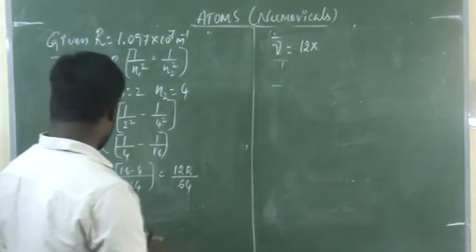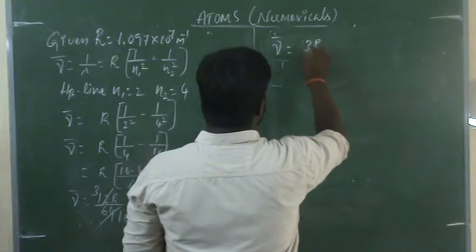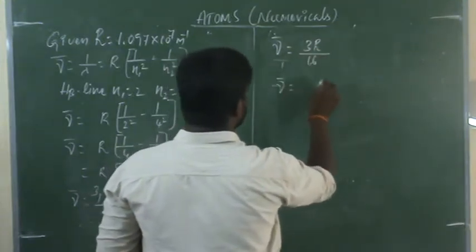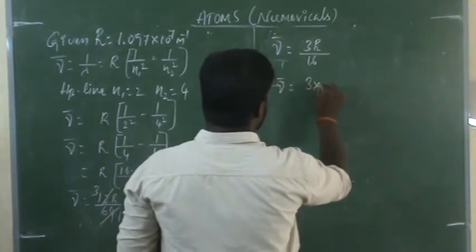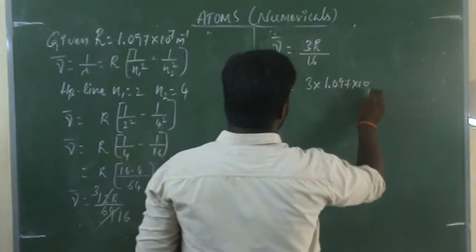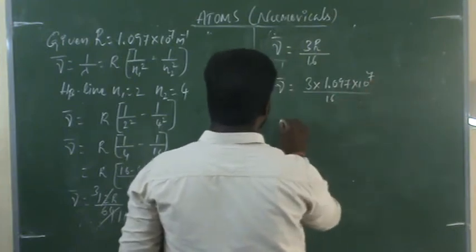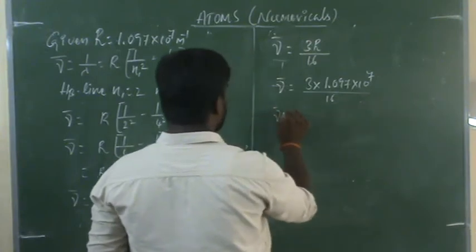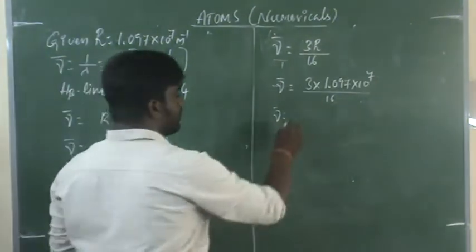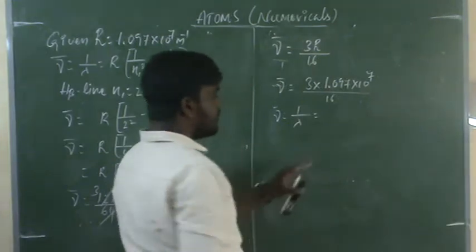So nu bar equals 3R divided by 16, which is 3 into the R value, 1.097 into 10 to the power of 7, divided by 16. So nu bar, which is 1 over lambda, equals what value?